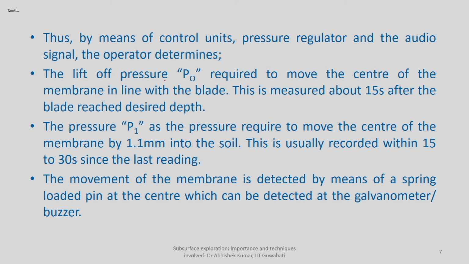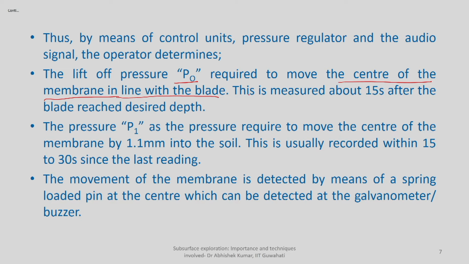Based on these things you can measure the lift off pressure, also known as P naught, which is required to move the center of the membrane, whatever membrane you have, in line with the blade. The membrane was initially slightly curved. So how much is the minimum pressure required to bring the membrane in contact with the blade?